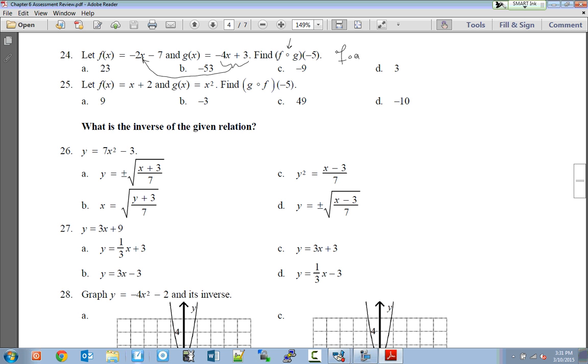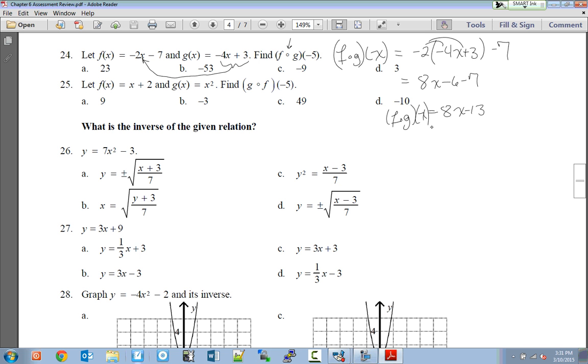So f of g of x, we'll get to the -5 part later, is simply going to be -2 parentheses minus 4x plus 3 and then -7. Distribute this through. We're going to get 8x minus 6 minus 7. So we're going to get 8x minus 13. That is going to be f of g of x.